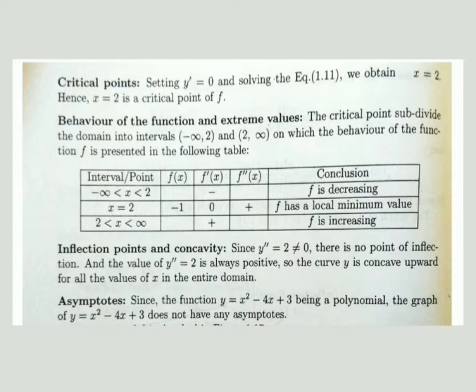First we shall find the vertical asymptote. See, the given function y is equal to x square minus 4x plus 3 being a polynomial. So therefore, the graph of y does not have any asymptote. The denominator is only 1.